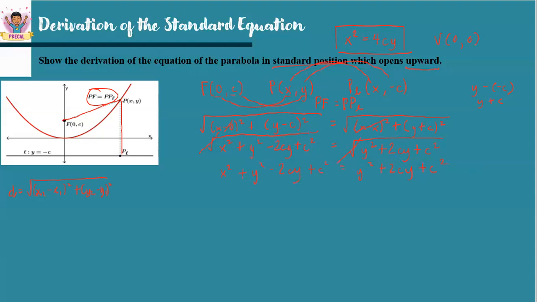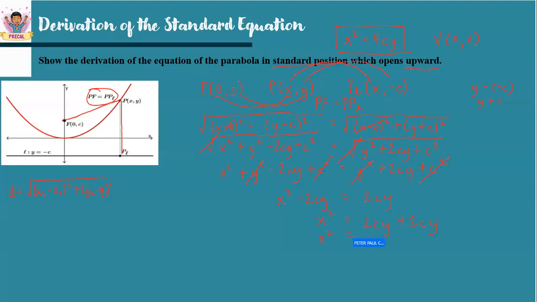Notice that when we transpose y squared to the other side, that will be cancelled. And when we transpose c squared to the other side, both c squared and c squared will be cancelled. So what will remain is x squared minus 2cy is equal to 2cy. So we will transpose negative 2cy to the right side, so that becomes 2cy plus 2cy, and we have an x squared here.